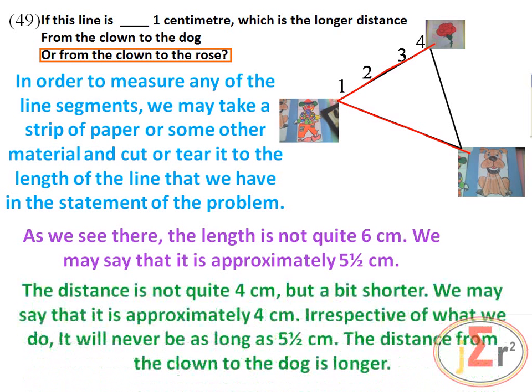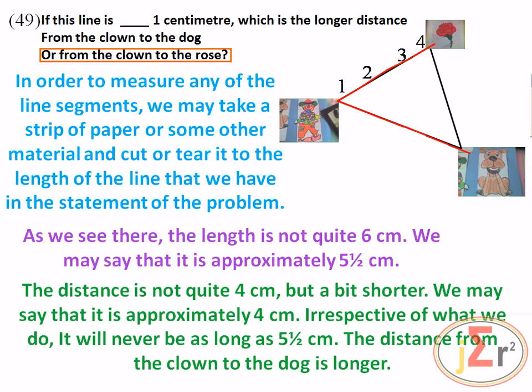What do we have on this occasion? The distance is not quite 4, but a bit shorter. We may say that it is approximately 4 centimeters. Irrespective of what we do, it will never be as long as 5.5 centimeters. The distance from the clown to the dog is longer.